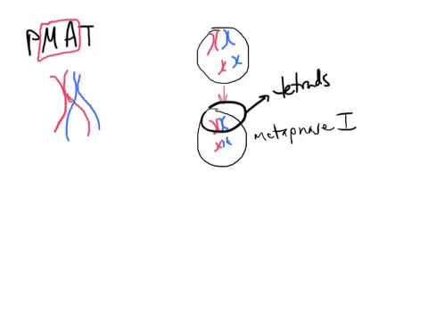So this is why it's called crossing over, because there's this little point where the chromatids cross over. And so when they separate, you'll be left with chromosomes that look like that.